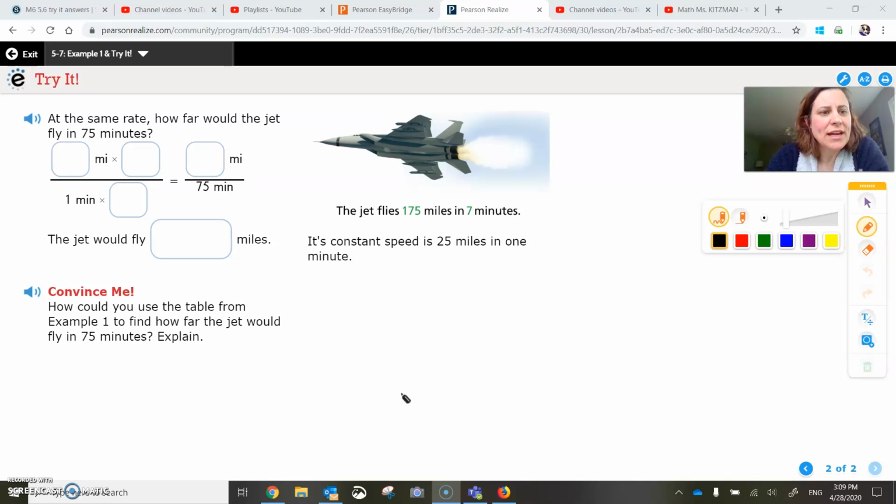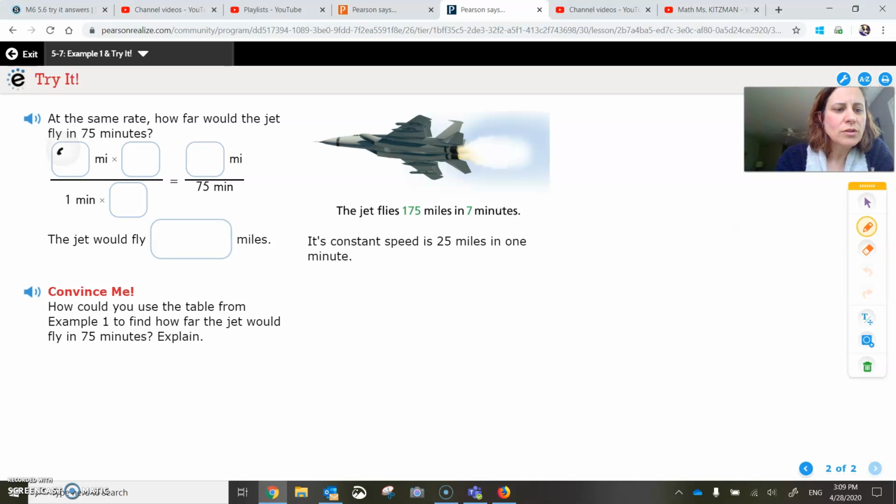So this is the try it from the 5.7 example 1. What we found out from the previous page is that this plane can go 25 miles in 1 minute. So if we fill out what we know, 25 miles in 1 minute, and we're trying to figure out how far the plane has traveled in 75 minutes.